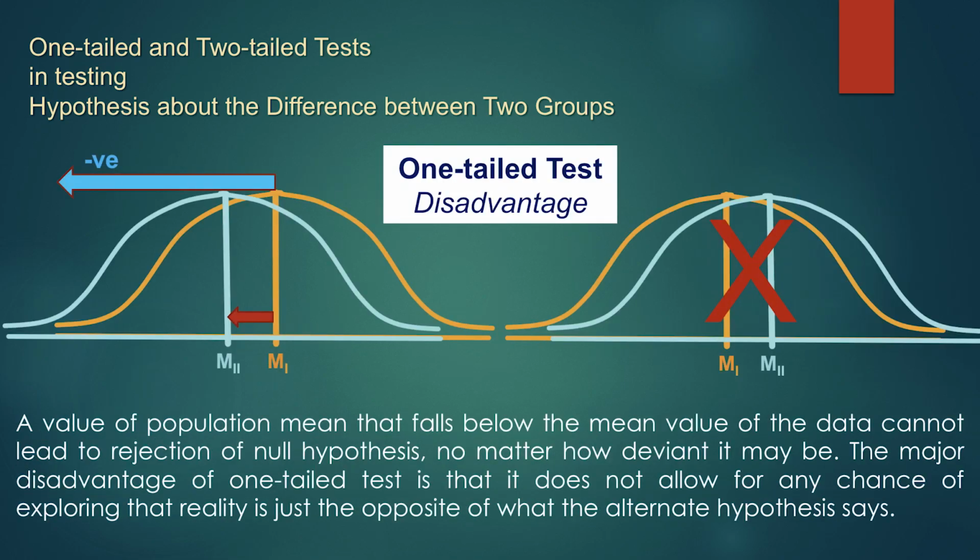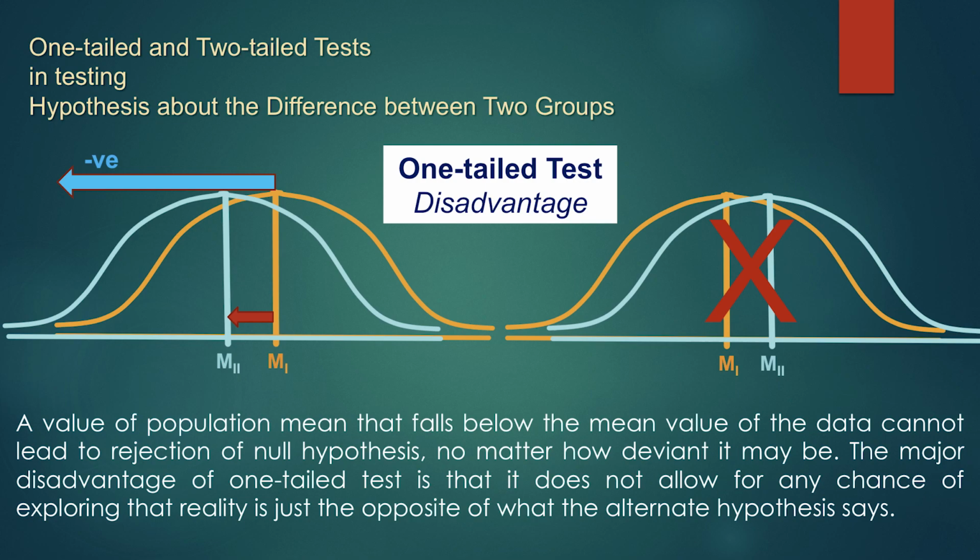A value of population mean that falls below the mean value of the data cannot lead to rejection of the null hypothesis, no matter how deviant it may be.